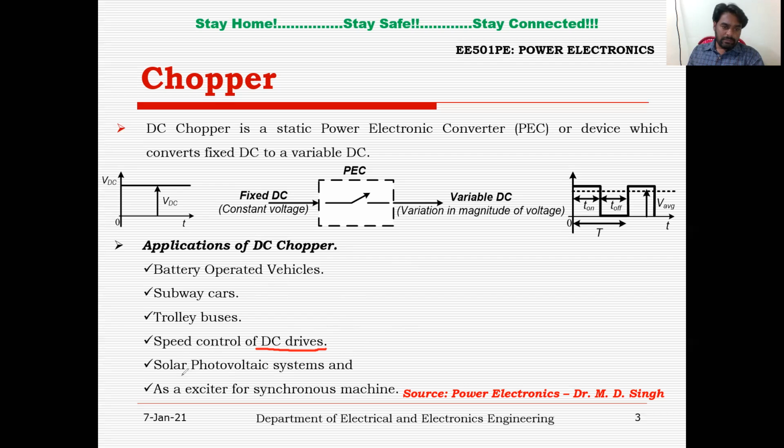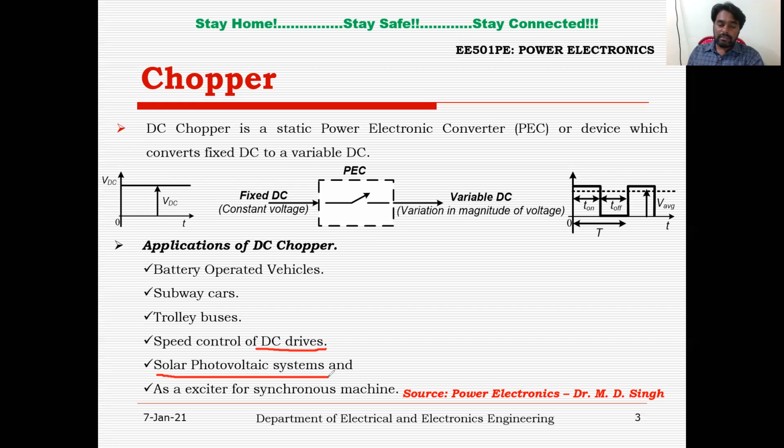Similarly, you can use it in solar photovoltaic systems. You all know that a solar photovoltaic system produces a variable DC because the output of the solar photovoltaic system depends on the weather condition, which is temperature and irradiation, which is not constant over time. So those factors will vary.